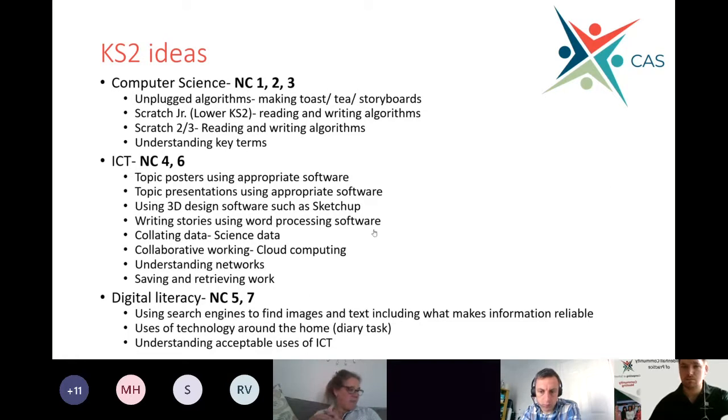What we did at Key Stage 3, which I think could work for Key Stage 2 as well, is we got our local police into school, and they set up a chat room. We told the students that we'd set up a chat room for them to talk to another school, and it was actually the police talking to them.